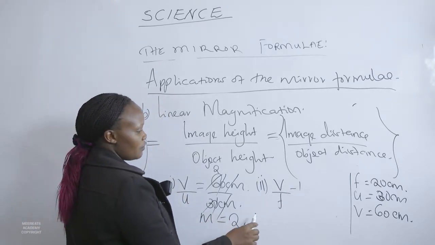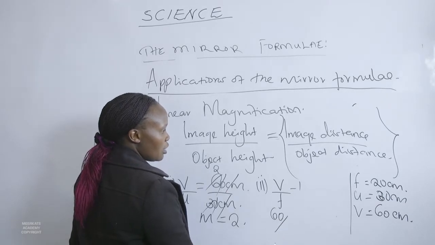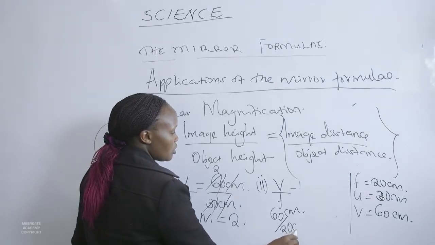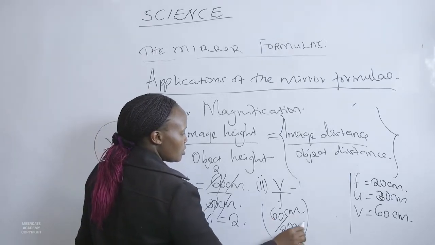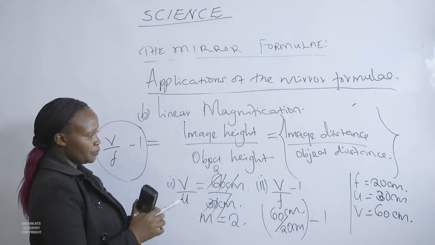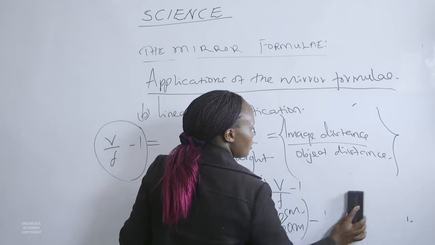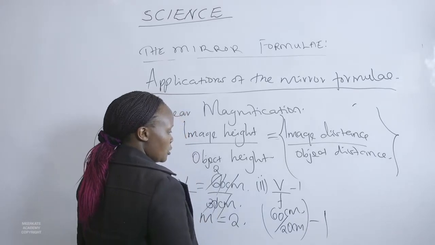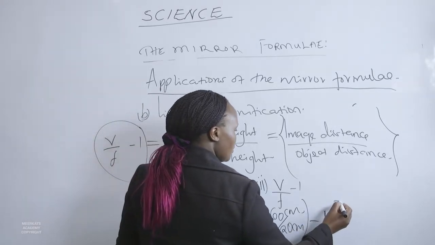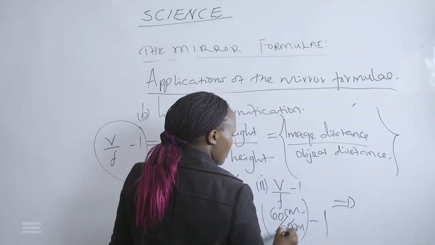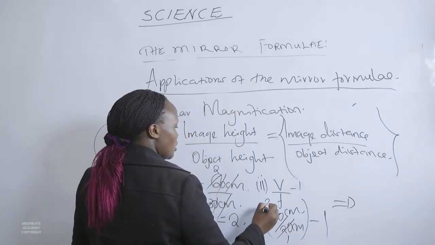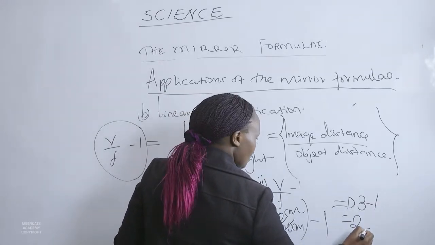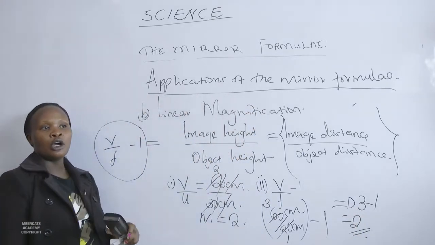Now in our case, V is 60 centimeters, F is 20 centimeters, then the whole of this minus 1, so that we have from the brackets 3 and we subtract 1, so that we have a magnification of 2.